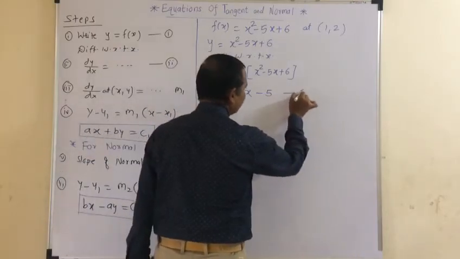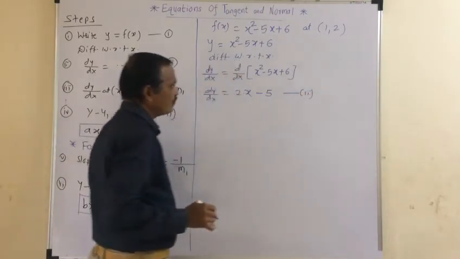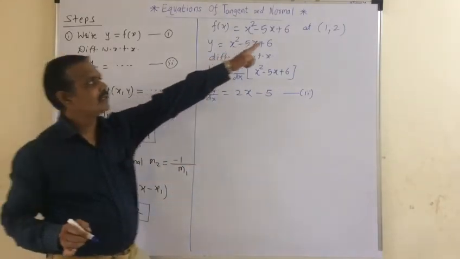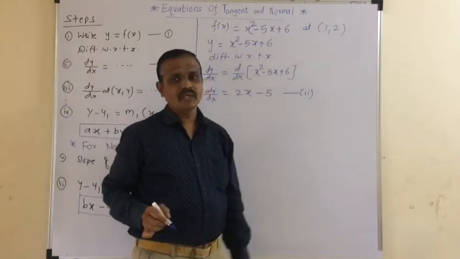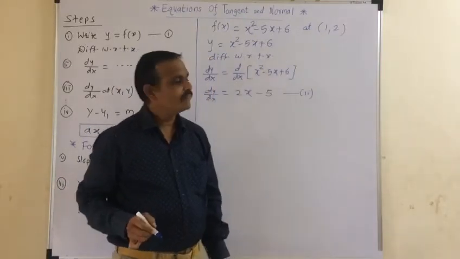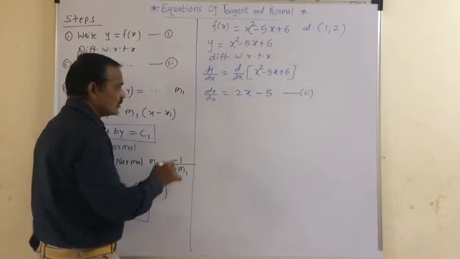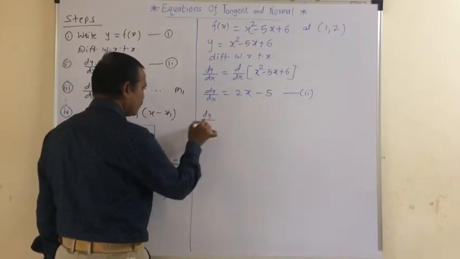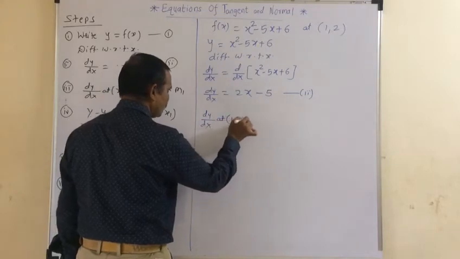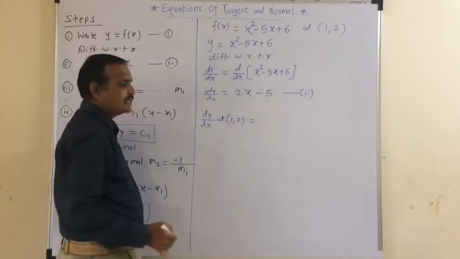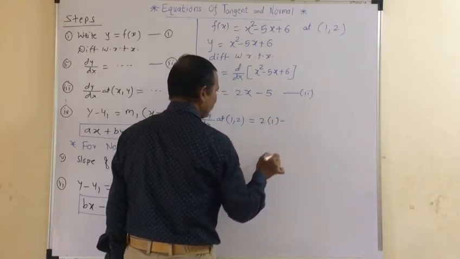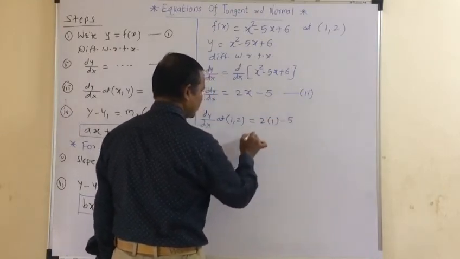Now in this second equation we have to put given point as (1, 2). That means value of x is equal to 1 and y is equal to 2. We find dy by dx at point (1, 2) is equal to 2 times 1 minus 5.